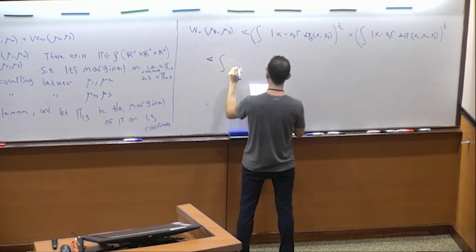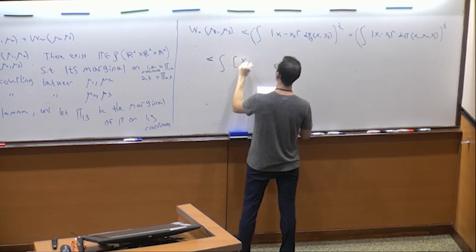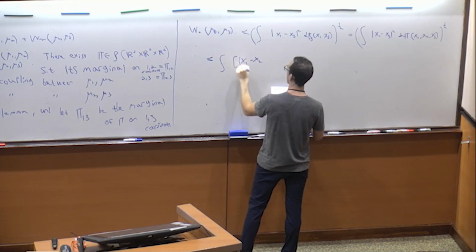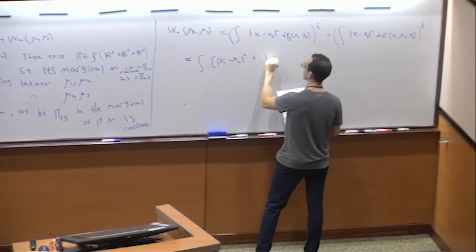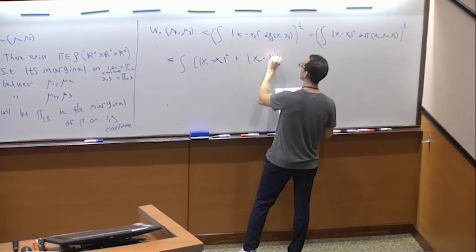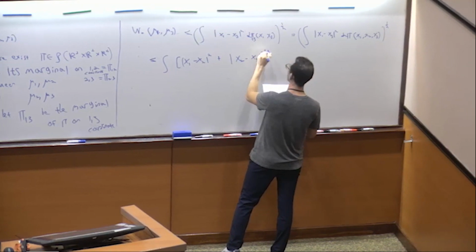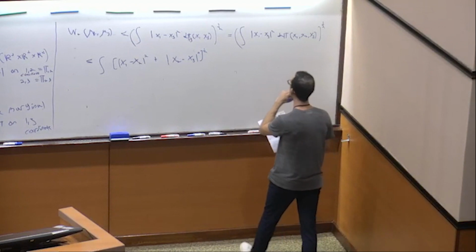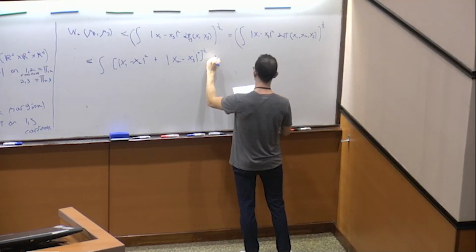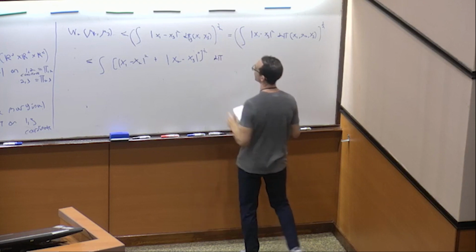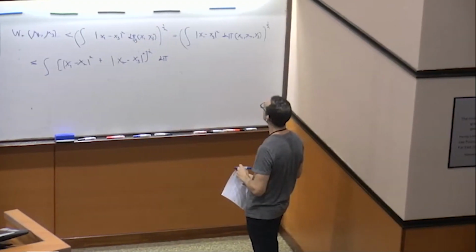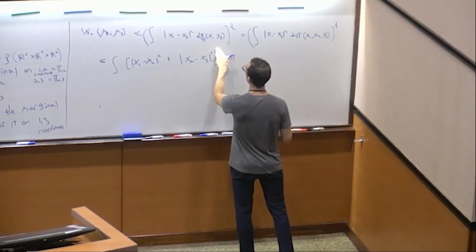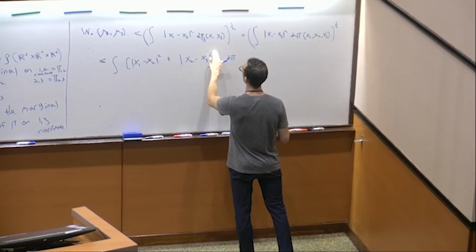Now we can upper bound it by x1 minus x2 plus, let's see if it's going to work. I think we need a square root here, probably. Do we need a square root? No, you just apply it because it's an inequality. Later we're going to apply Minkowski inequality twice.